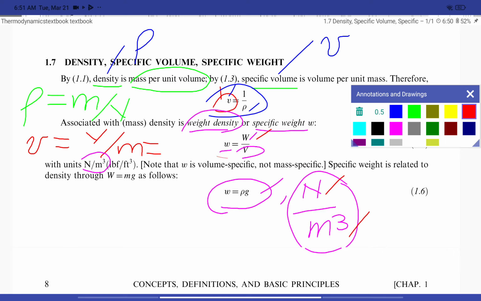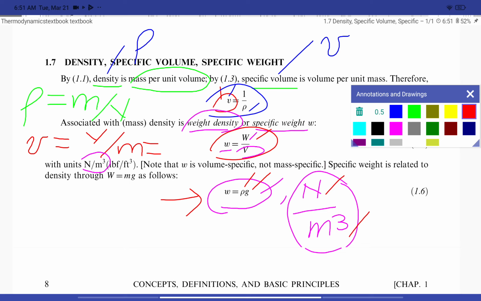And this is a variation of the formula in terms of density and gravitational acceleration.